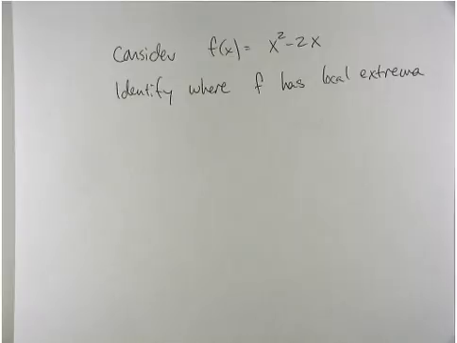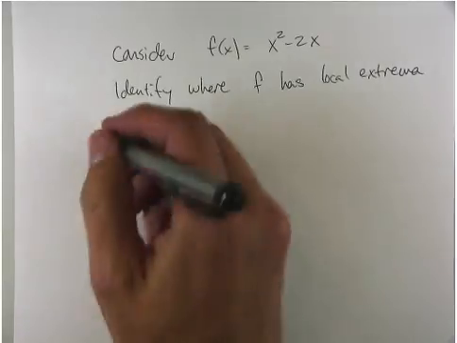What might I do? Yeah. I know that if it's a local extrema, then its derivative is either 0 or doesn't exist. I'm going to call those times critical points.